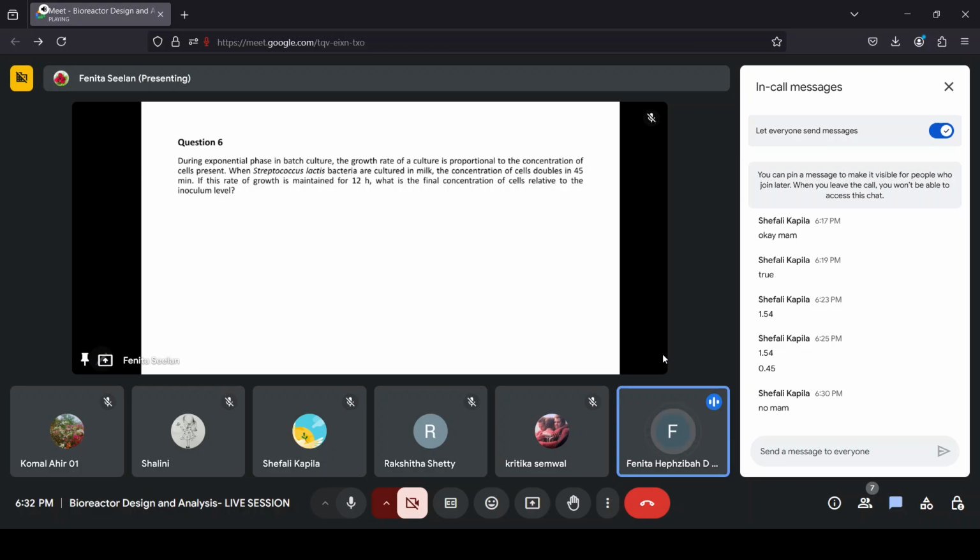So how do you calculate this? They're asking, if the cells are doubling with a doubling time of 45 minutes, and the cells maintain the rate of growth for another 12 hours at the same rate, what is the final concentration of cells relative to the inoculum level? Let's start with the general mass balance.